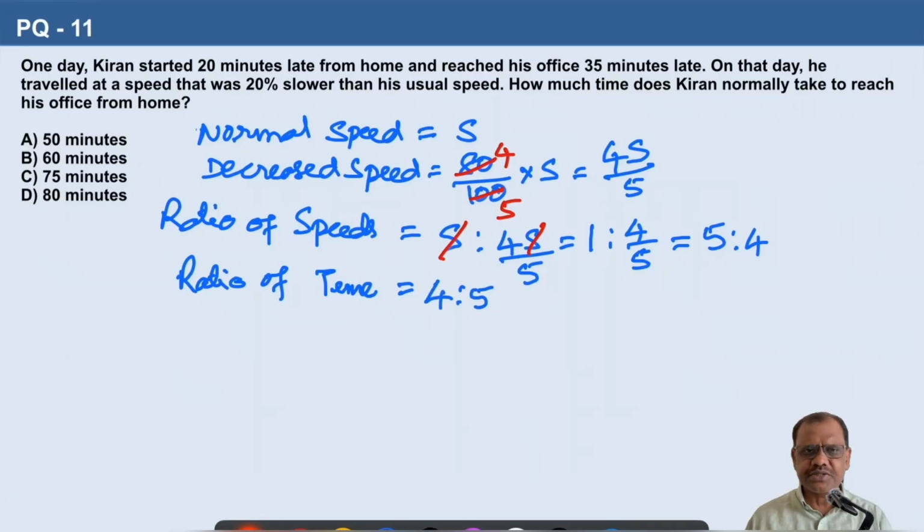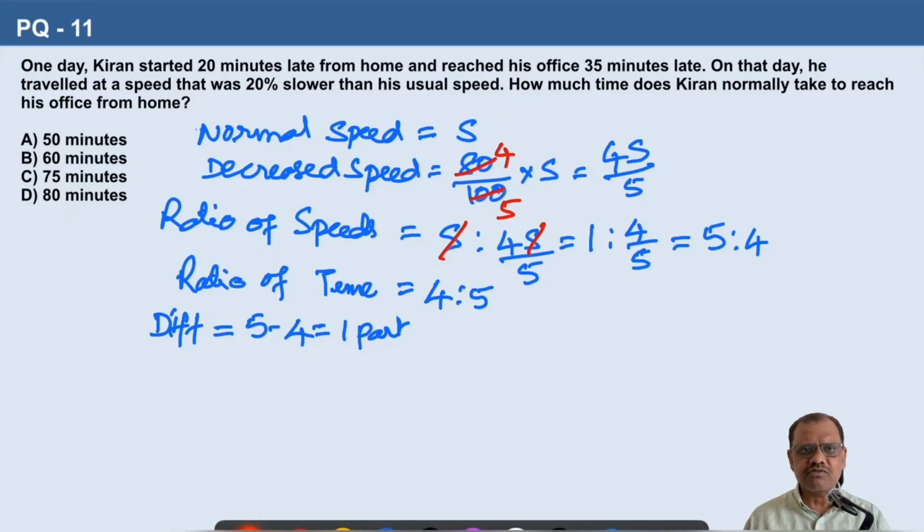So 4 parts is the time taken with normal speed and 5 parts is the time taken with the decreased speed. The difference between both the timings is 5 minus 4, which is 1 part.